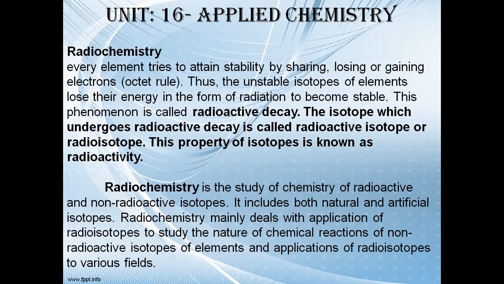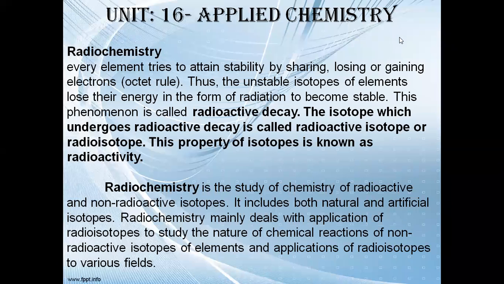This is the octet rule. Already we studied it in Unit 11, Atomic Structure. Now, isotopes means the same atomic number but different mass number. Any isotope of an element loses its energy in the form of radiation to become stable.